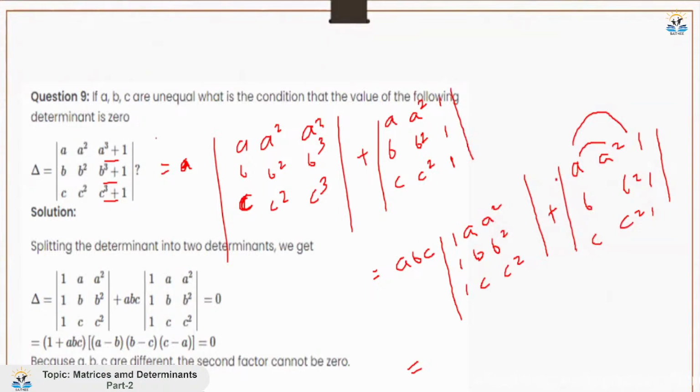So just replace the first two columns, and then replace the first column with the third column. So A square, B square, C square will come here, and then it will go there, and 1, 1, 1 will finally come here, and A, B, C will occupy the middle column.